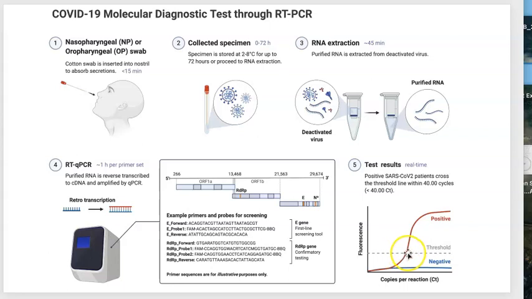Basically, you're telling the machine anything below this threshold is negative and anything above it becomes positive. The question is, how many cycles, how many doublings are required in order to get fluorescence that crosses over the threshold? And this critical cycle number, or so-called CT, or cycle threshold number, is essentially the PCR score that you would get.